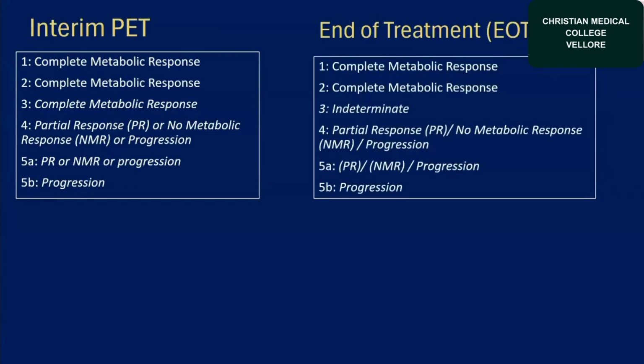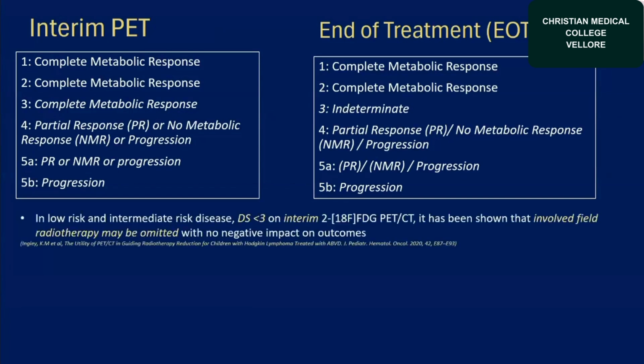While at the end of treatment PET, a score of 3, we have to note here, is not complete metabolic response, but an indeterminate response. That is the only difference between an interim and an end of treatment PET. While 4 and 5 is the same, like I already mentioned, don't just mention the score 4 and 5, it has to be mentioned along with the change in the SUV, whether it is partial, stable, or a progressive disease.